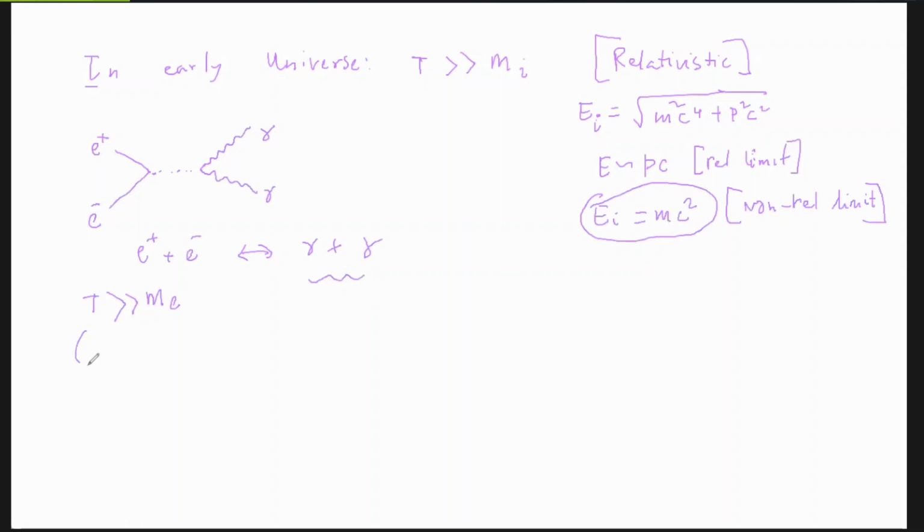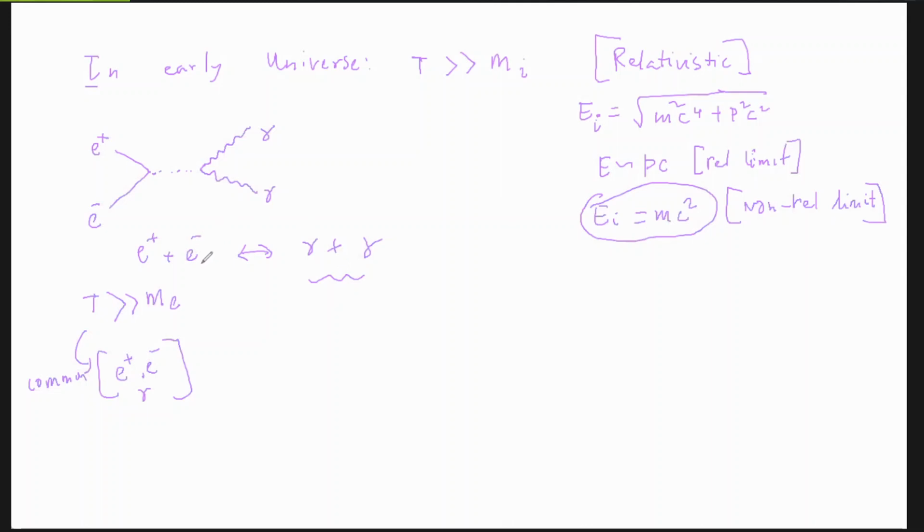When we say they are in equilibrium, that means e plus, e minus, and gamma are all having a common temperature T. You can achieve equilibrium when both reactions are equally possible, left and right. So now, you tell me, even if the mass of the photons is 0, it can still produce heavy mass particles.